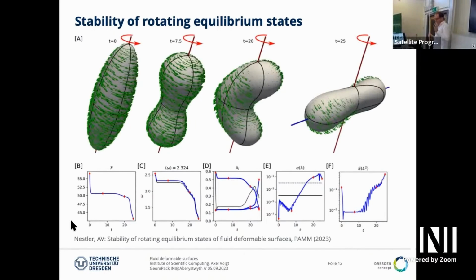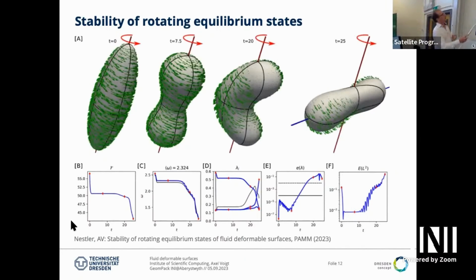However, if you don't have this constraint, then any perturbation, since what we have here is a so-called Killing vector field, of the shape or the flow field will lead to dissipation of energy. And that deforms the whole thing. That's essentially what we see here.